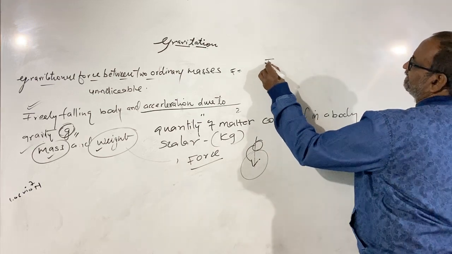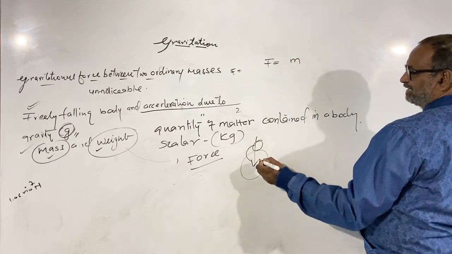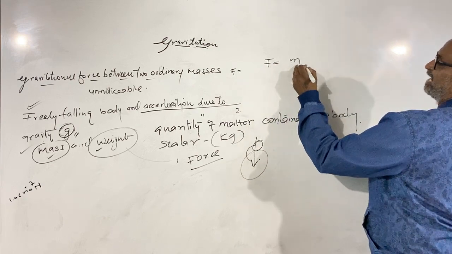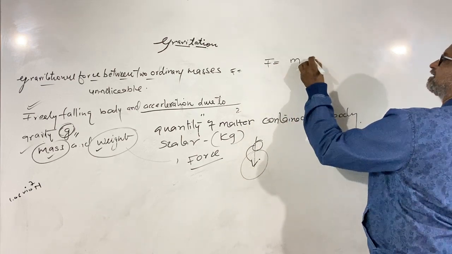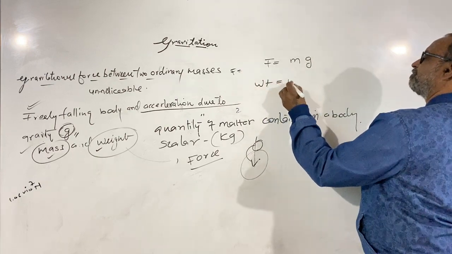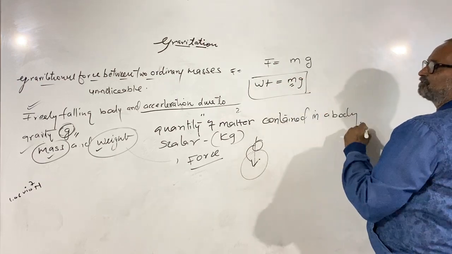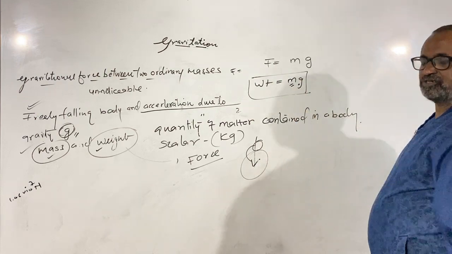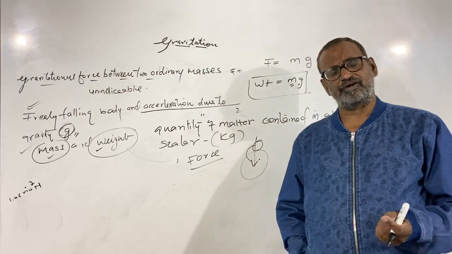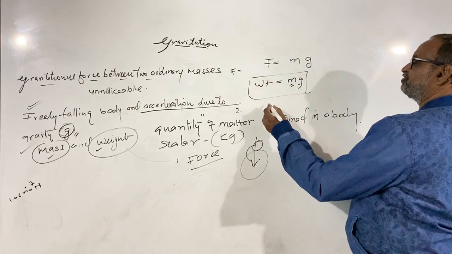Obviously, weight is a force, and it will be equal to the mass of the body times acceleration due to gravity. Therefore, the weight of the body is equal to m g, where m is the mass of the body and g is acceleration due to gravity, whose average value is 9.8 meter per second square. The SI unit of weight is Newton.